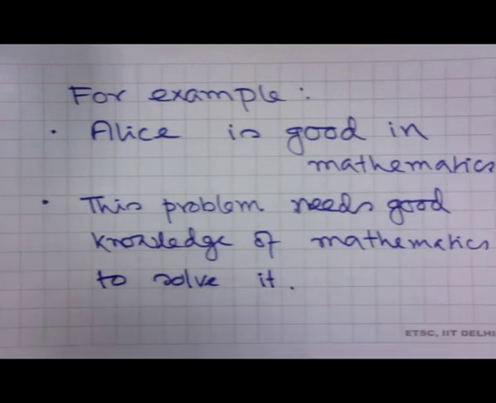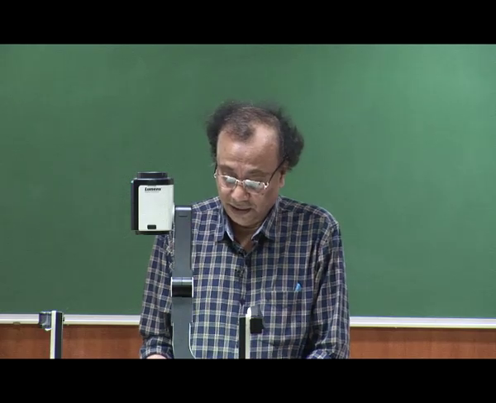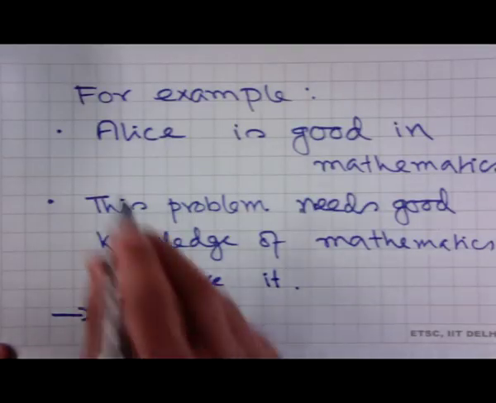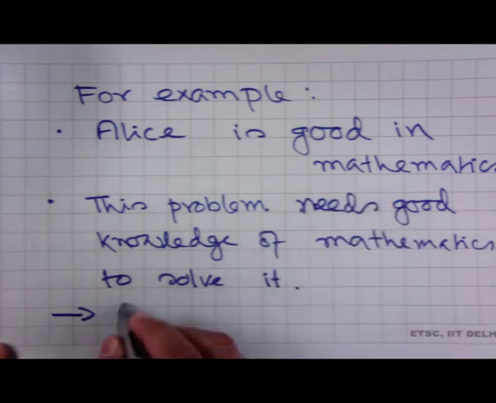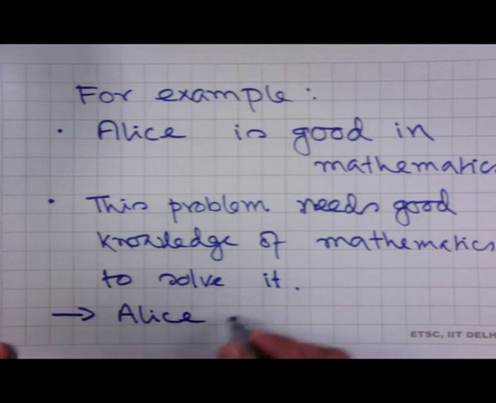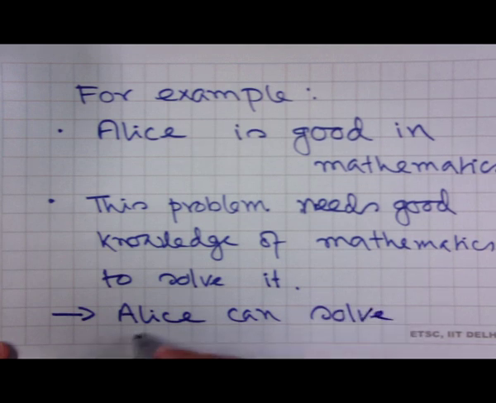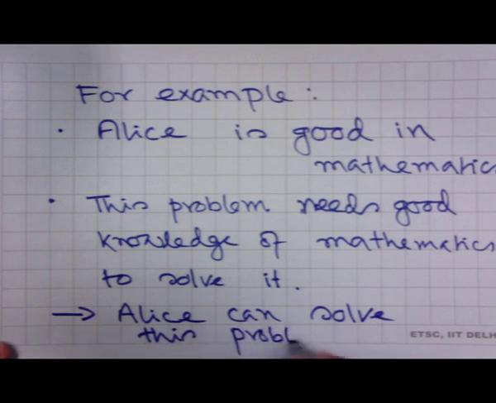Suppose these are the premises or the facts that are given to us. What can we conclude from there? We can conclude that Alice can solve this problem. Is that right?